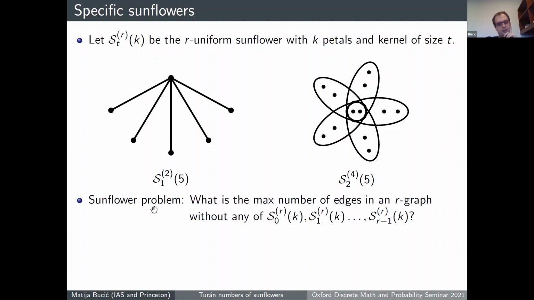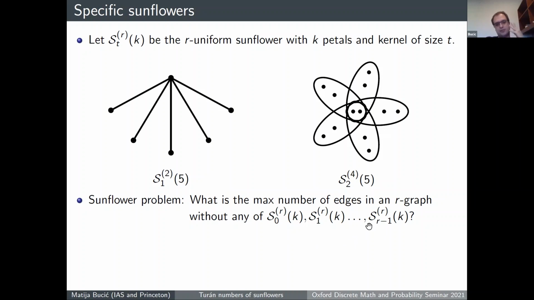Now, the Erdős-Rado sunflower problem can be stated in this language as asking for the maximum number of edges you can have in an r-uniform hypergraph which doesn't contain any of the r different types of sunflowers of uniformity r with k petals. These just vary according to how big the kernel size is.